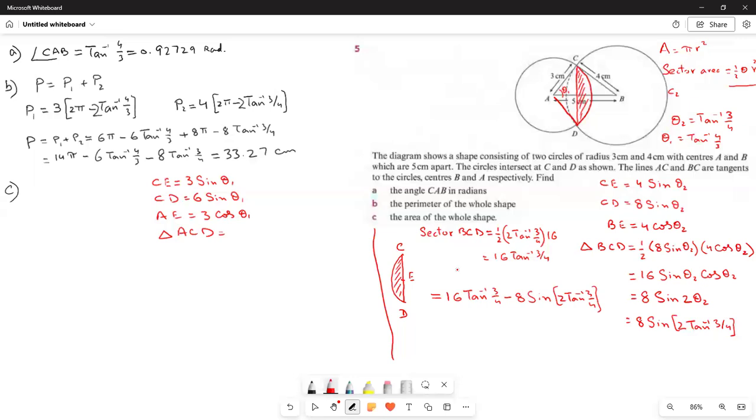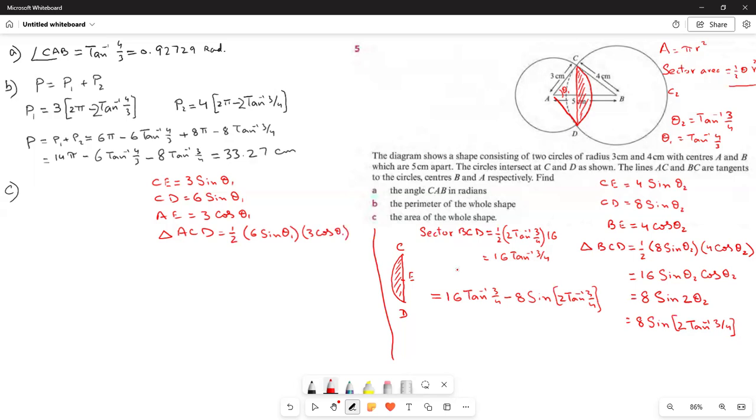This area is half into the base. Base is DC, which is 6 times sine of theta 1, into height, which is 3 times cosine of theta 1.